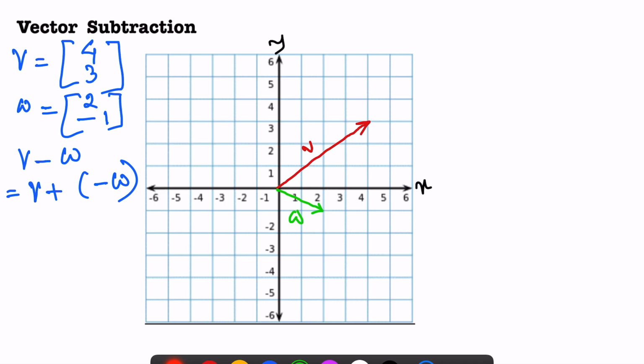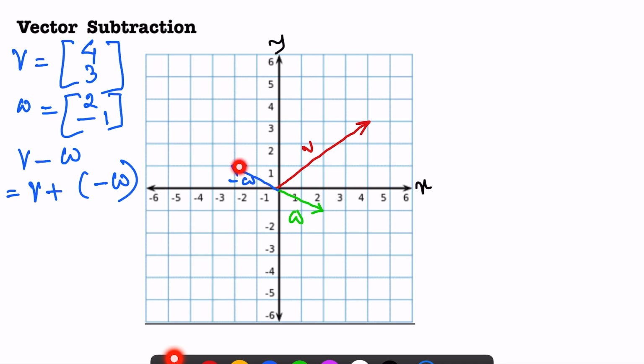Now what is vector minus w? That means we will flip the vector w, right? So this is minus w. So we want to add this vector v and minus w.